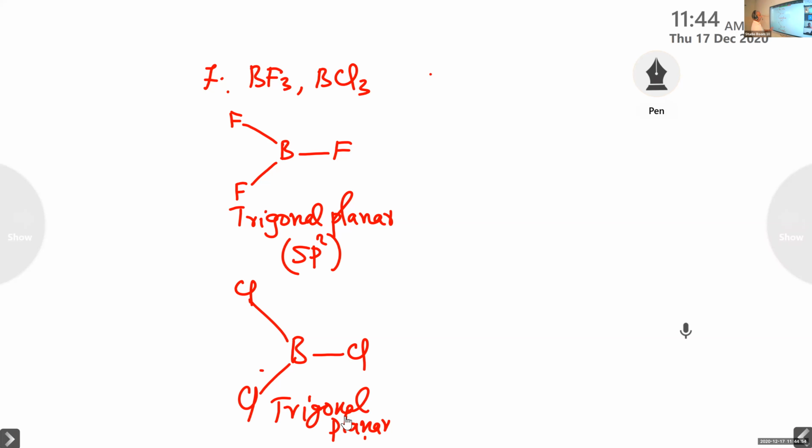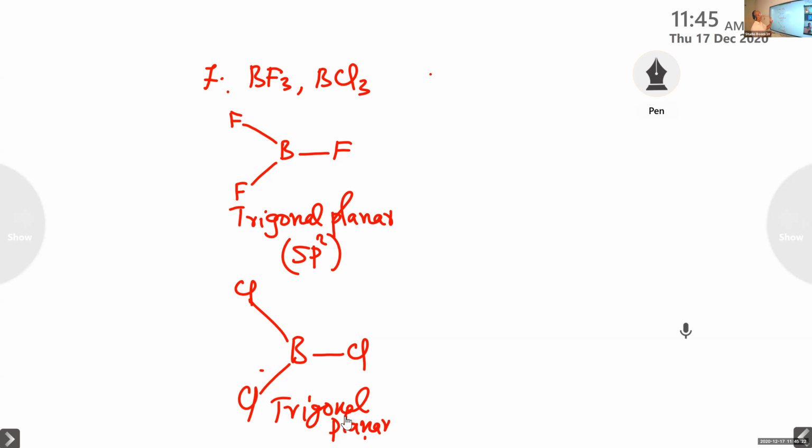Now, you just look at the central boron atom. Around the boron atom, there are only 3 covalent bonds. 3 covalent bonds means 3 into 2, 6 electrons. Only 6 electrons are there in the outermost level of boron.